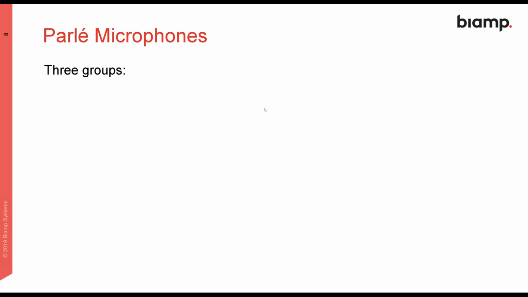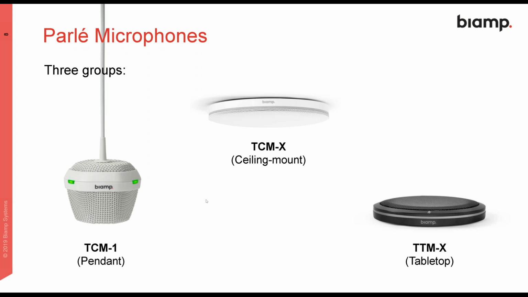So we have 3 different microphones that we offer. All of them use the same beam tracking technology. The first one on the left is called the TCM1. That's a pendant microphone.